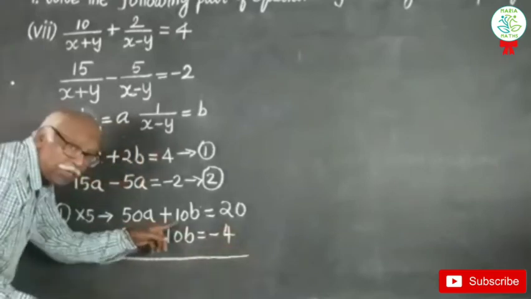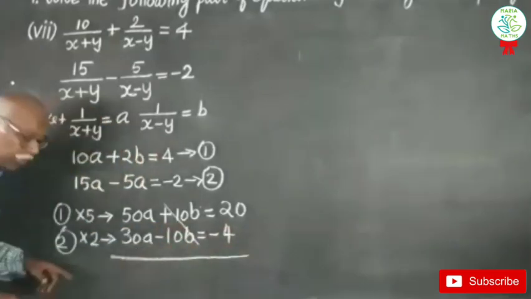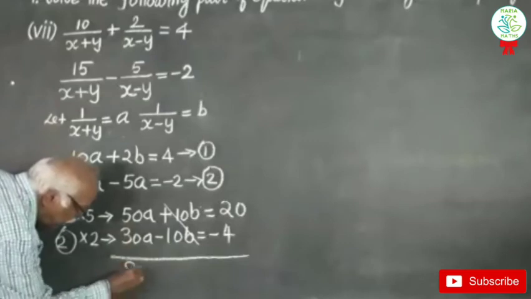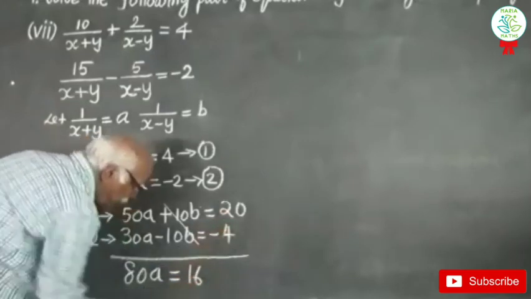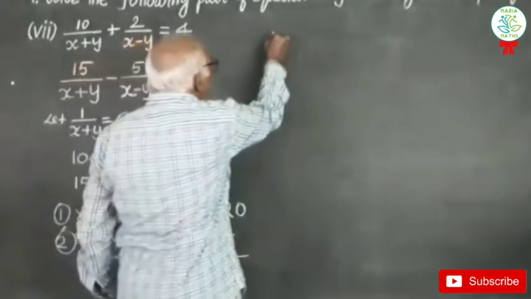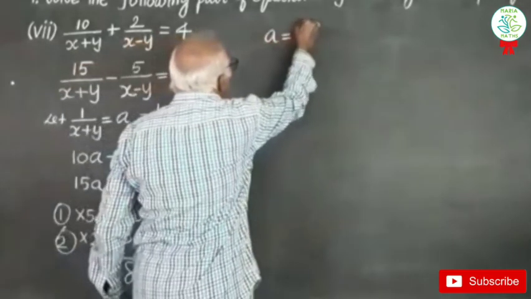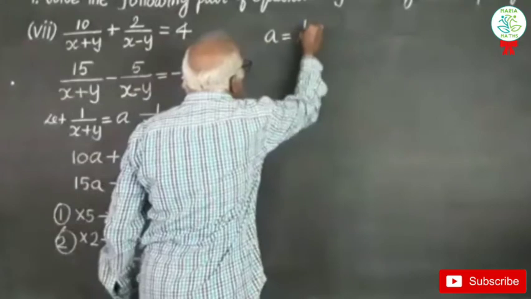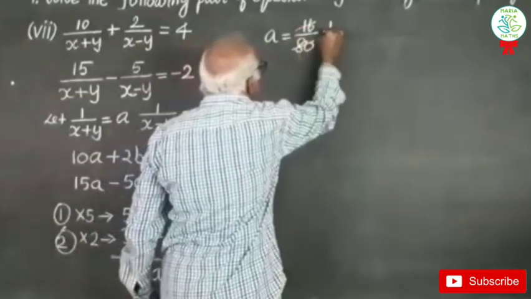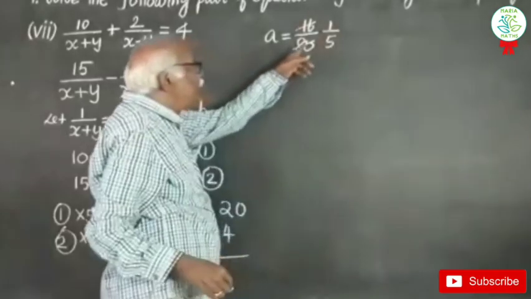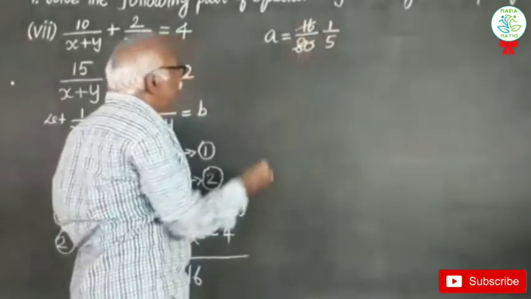Now plus 10b minus 10b cancel. Then 80a is equal to 20 minus 4, 16. a equal to 16 by 80. 5 16s are 80.